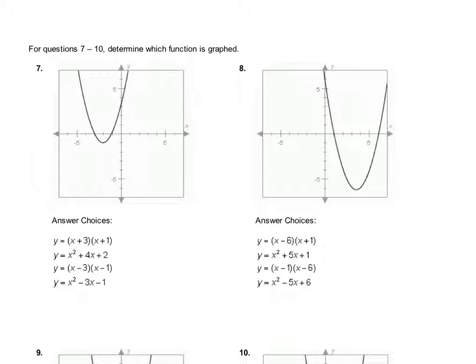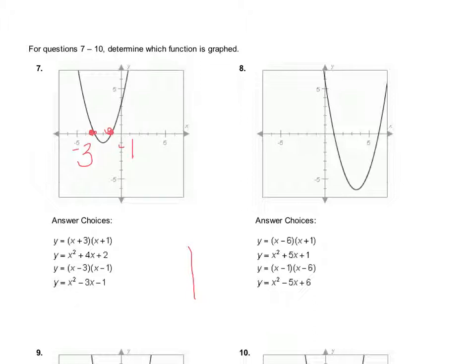Alright, so we can use the graphs of functions, like we see this one here, to help us determine what the factors are going to be. So we have this graph, and we're going to look at our roots. Okay, our roots in this case are negative 3 and negative 1.